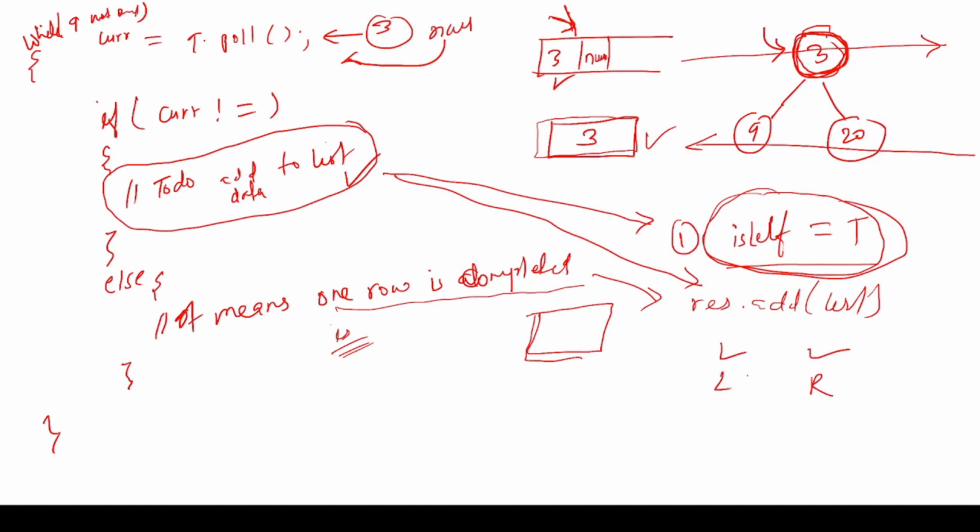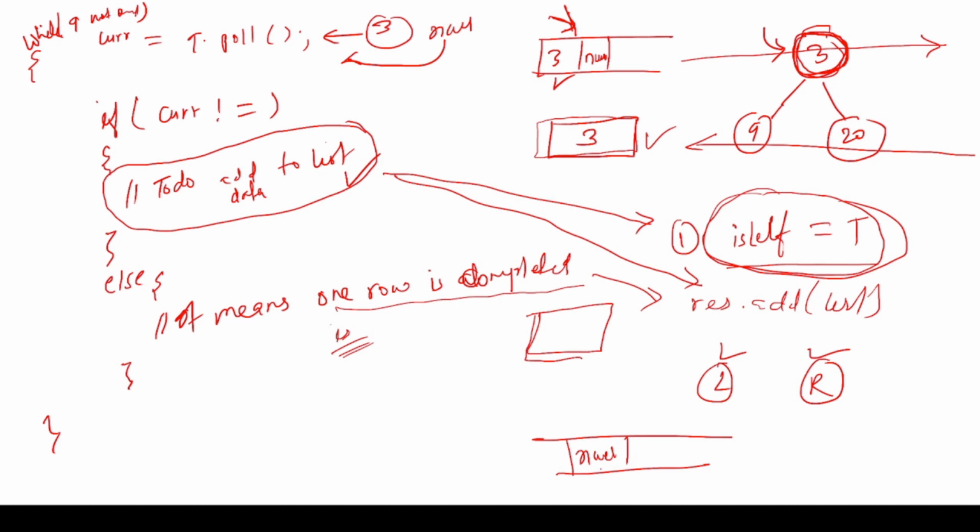Left we have, right we have. If this is not null, we will add onto the queue. Previously we had null data. We have already removed 3. Now we have to add 9 and 20.